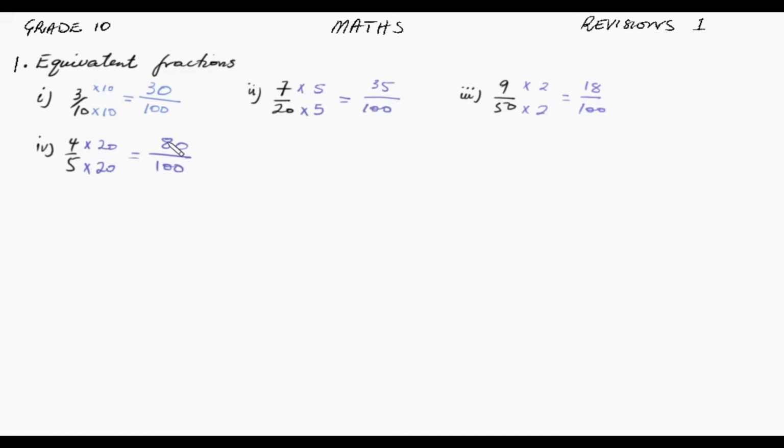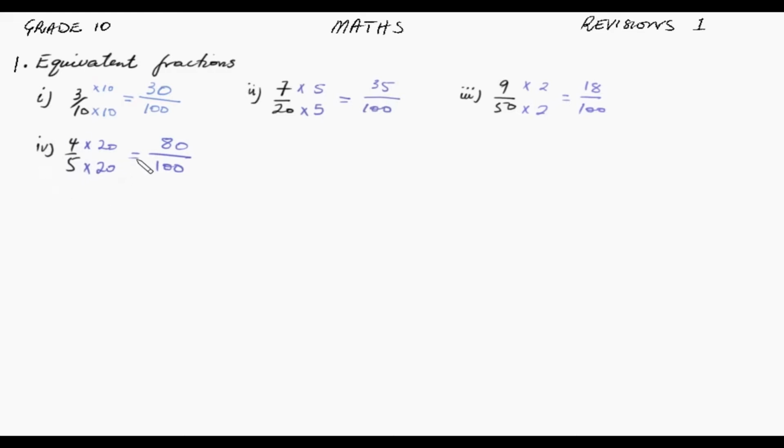But if we were moving from 80 over 100 to 4 over 5, we would divide the numerator by 20 and the denominator by 20. Meaning you multiply when you go to a seemingly bigger fraction, and you divide when you move to simplification. When you simplify a fraction, you divide.